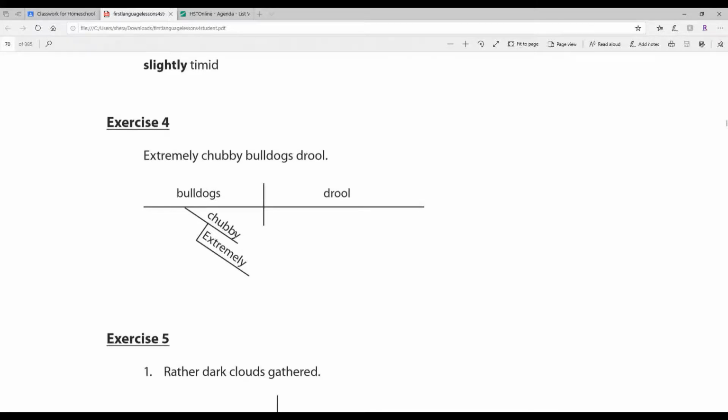Chubby. Extremely then is an adverb that tells to what extent are the bulldogs chubby. So it comes on an arm right under the adjective that it describes.